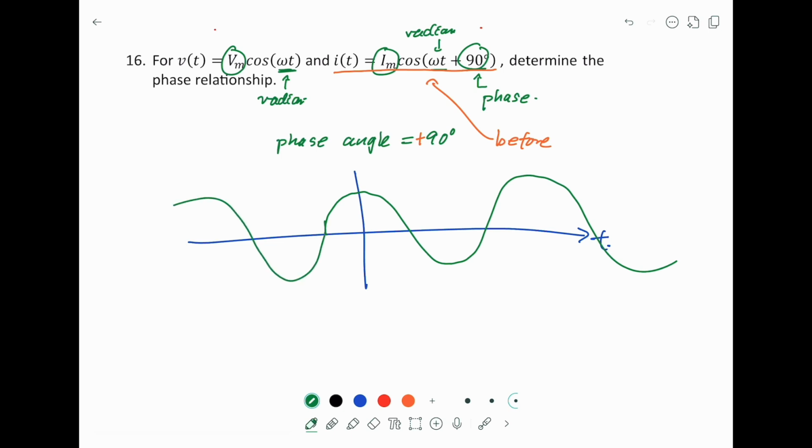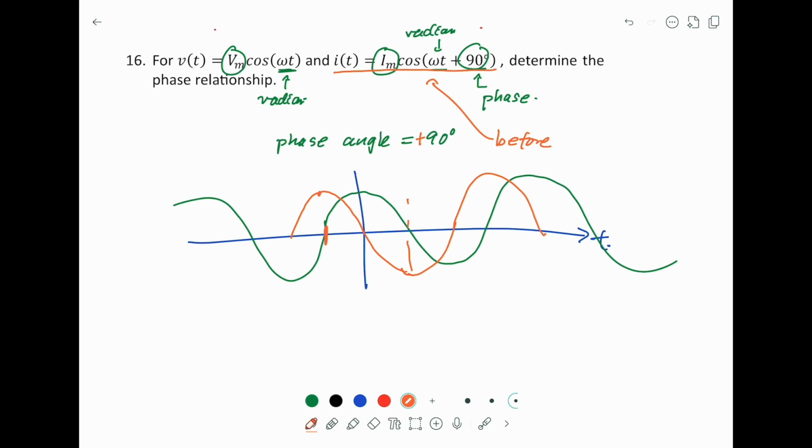Now the current shifts positive 90 degrees. If you think in terms of phase or angle, this is 90 degrees, so it is maximum here.